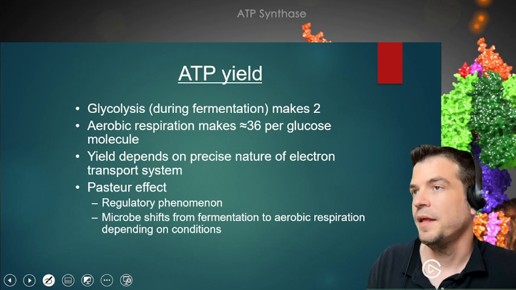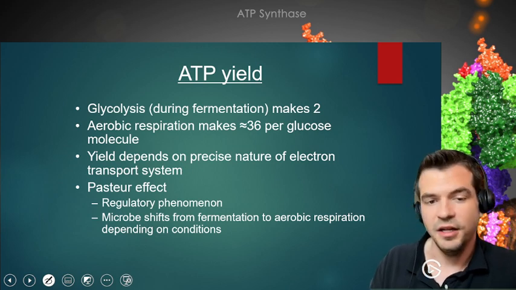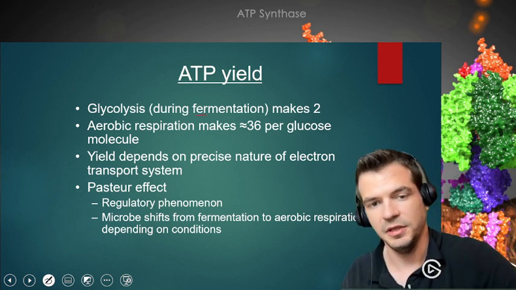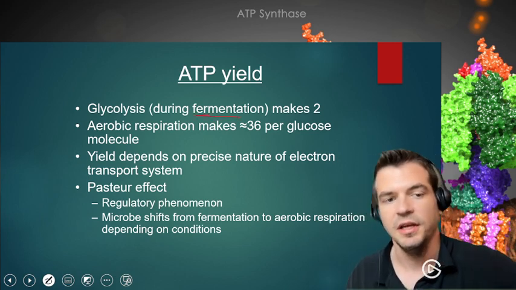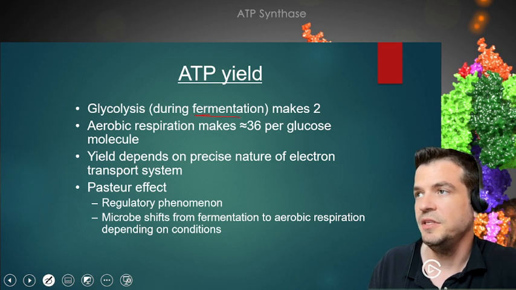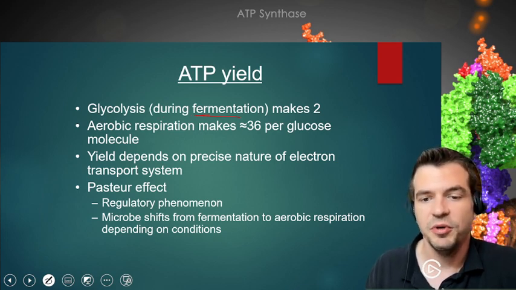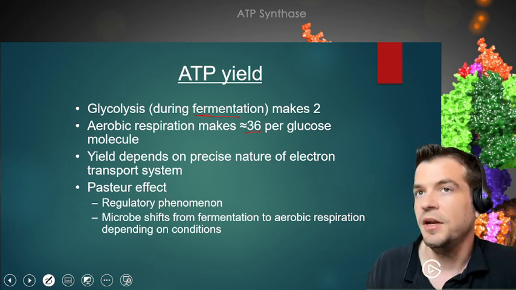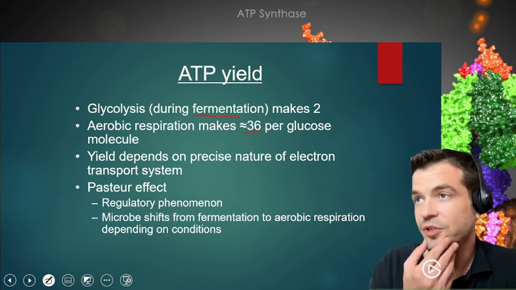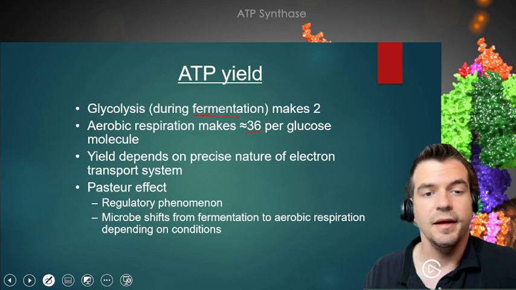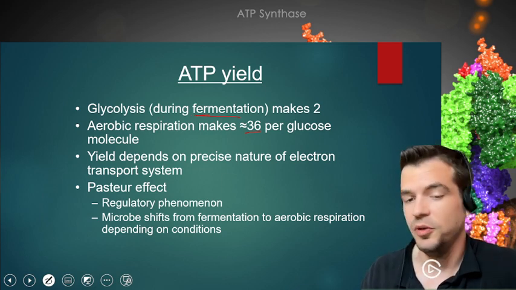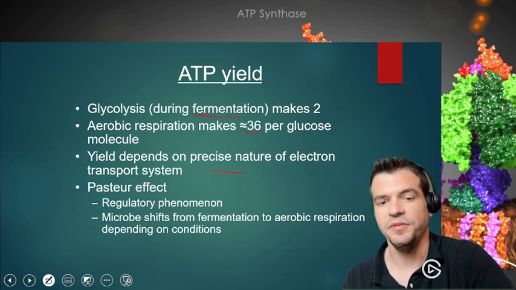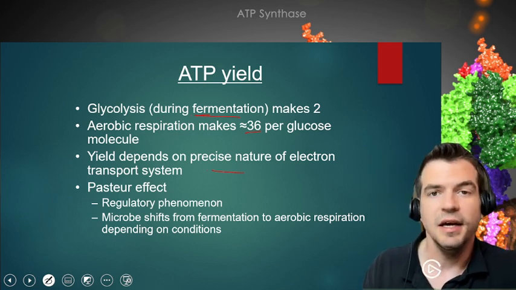So in glycolysis, which is during fermentation, we're going to make 2 ATPs. Aerobic respiration makes about 36. Anaerobic respiration makes about 32, 31 per molecule glucose.